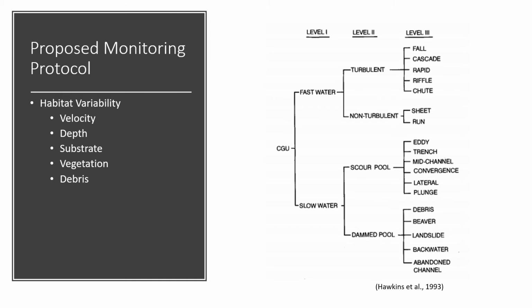I will also identify if there is vegetation in the stream and if there's any kind of woody debris, as those are also good habitats for organisms and identifiers of the quality of the ecosystem.